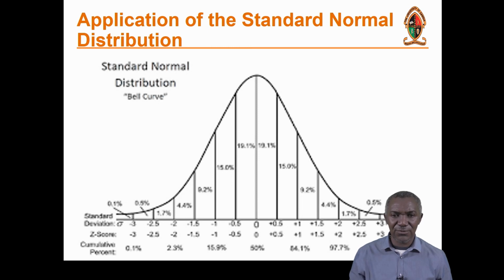So in terms of probability, this area is about 0.34. So if this is 0.34, what is the area which is further beyond -1?